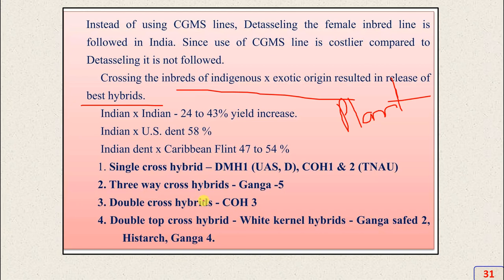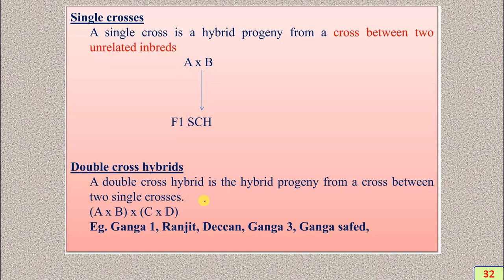Then a lot of varieties have been developed, like single cross hybrids, three-way cross hybrids, double cross hybrids, and double top cross hybrids. Like this, they arrive. A single cross is a simple thing, A into B, F1, SCH.